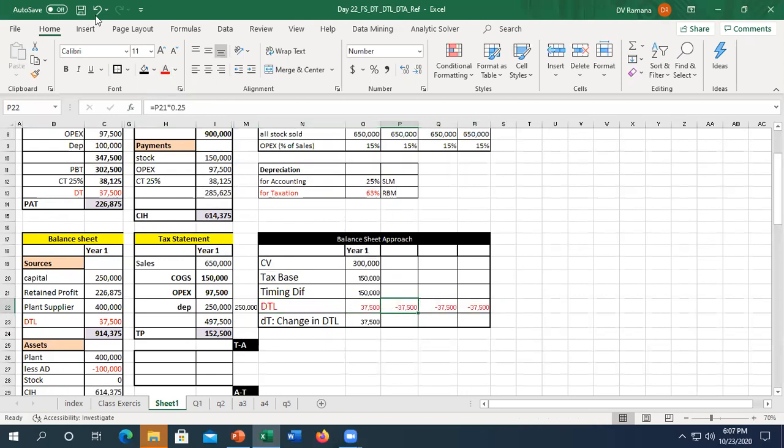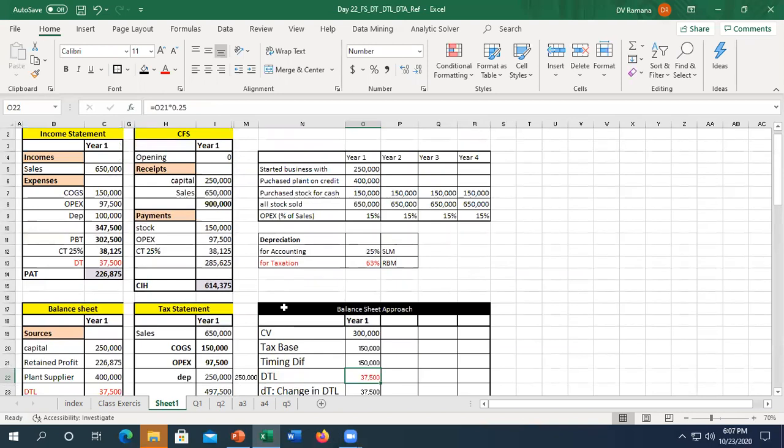The timing difference here is the difference between the carrying cost of the asset, which is property, plant, equipment, minus the tax base, because there is no other item where there is a difference. Now, to get a better picture, let us see year 2, year 3, year 4. For the purpose of explaining only the deferred tax, we kept the other transactions more or less the same.